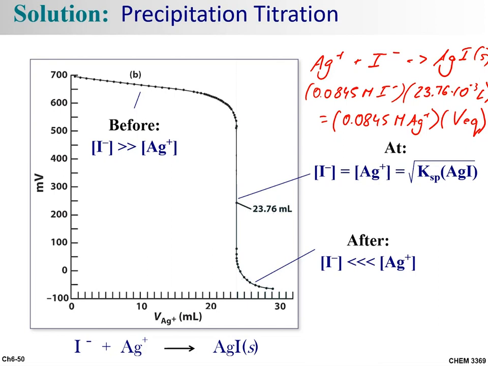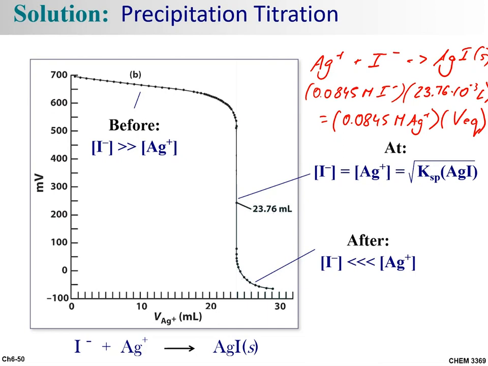So the concentrations of iodide and silver plus have to satisfy the solubility product. So they will be equal and quite small, again, both of them. And then when you keep adding the titrant, the concentration of silver plus will become greater and greater. That will change the electrode potential, but at some point it will become saturated, so the bottom part of this titration curve will also kind of flatten.